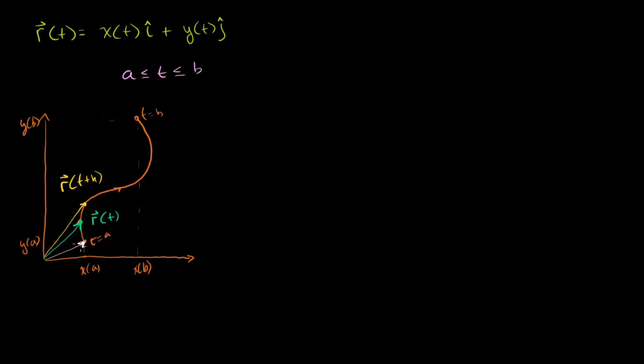So the first thing we might want to ask is, what's the difference between these two? If I were to take the position vector that we get by evaluating r at t plus h, and from that subtract r of t, what do we get?